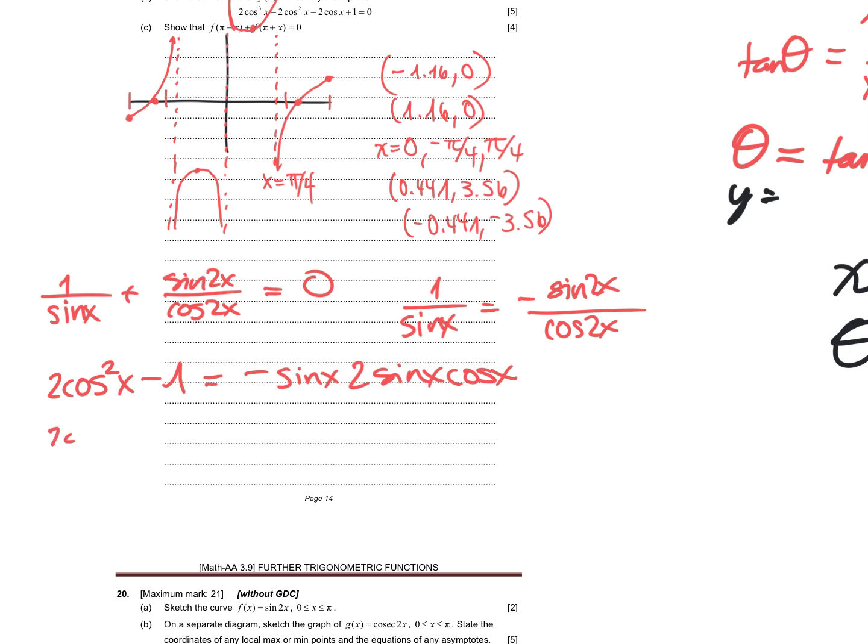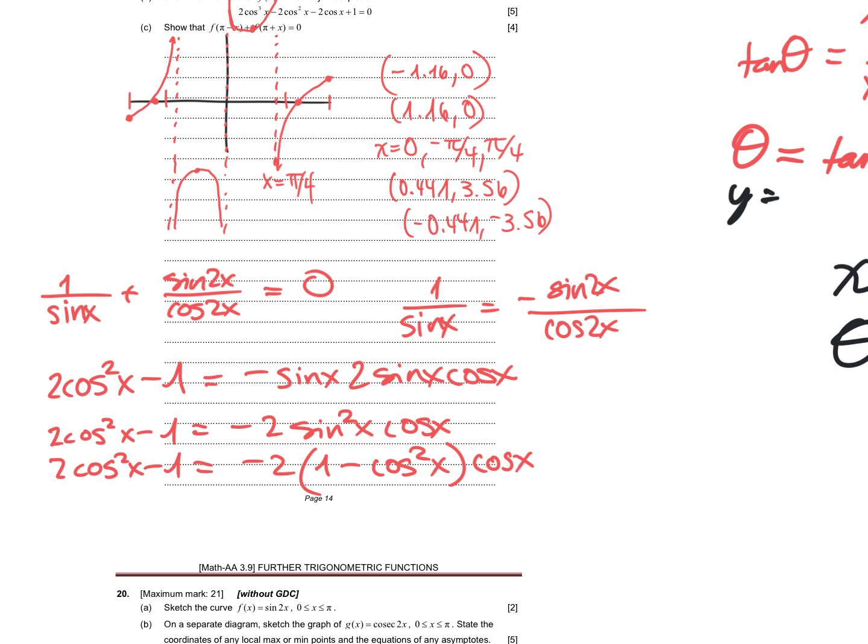And this is going to be negative 2 sine squared x cosine x, and this is going to be 1 minus cosine squared times cosine x. Okay, almost there.